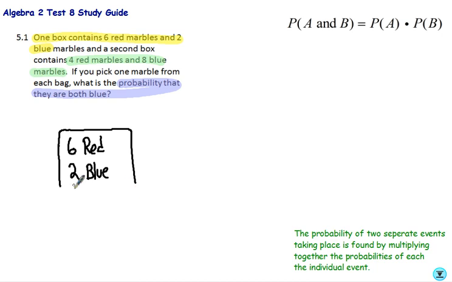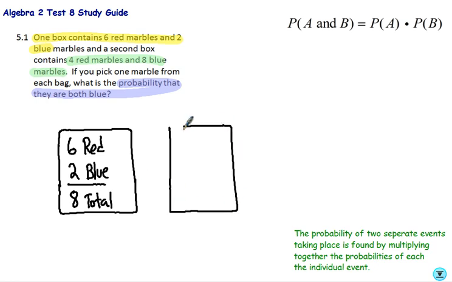So that means there's a total of 8 marbles in this first box. Then let's check out the other box, because they said there's a second box. In the second box is 4 red and 8 blue, for a total of 12 in that box.